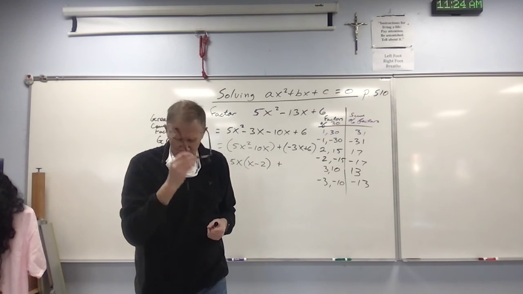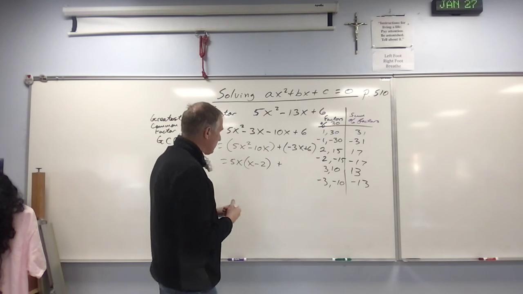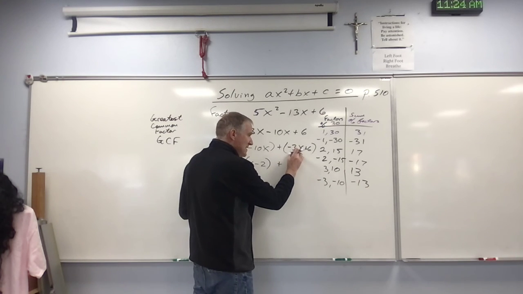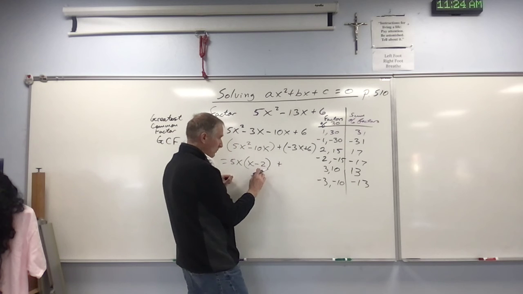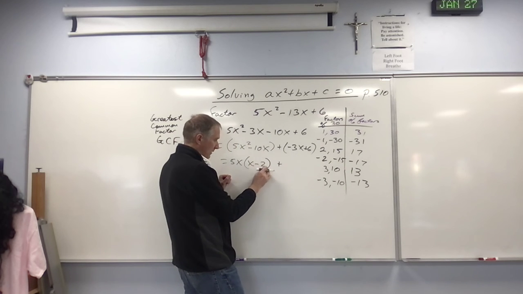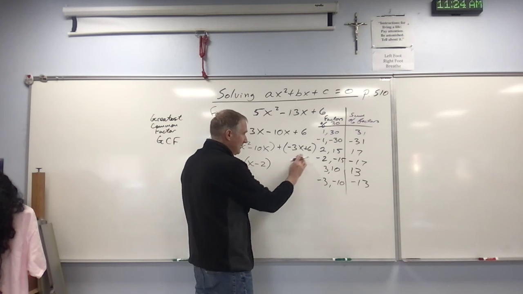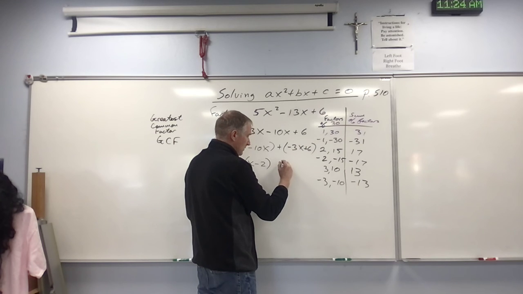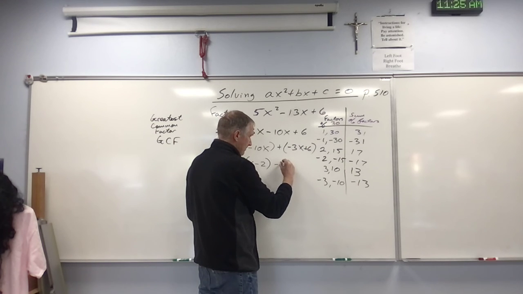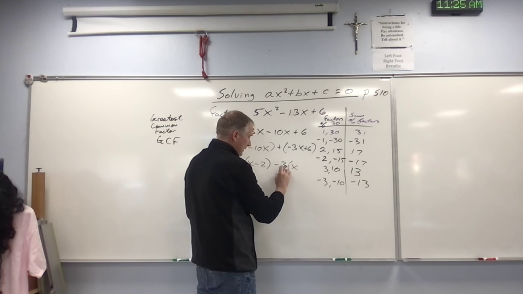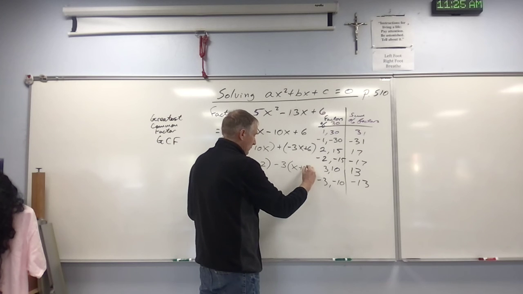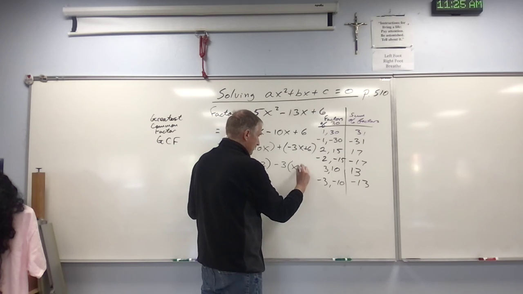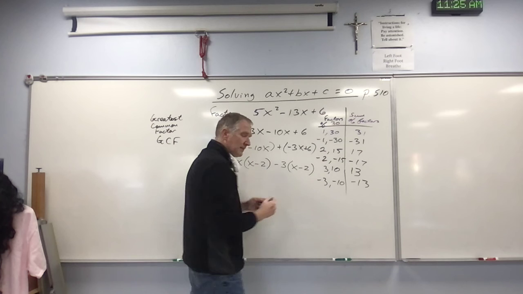Over here, again, this is a tricky section. I'm going to factor out negative 3. What I'm looking for is x minus 2. How do I do that? If I take negative 3 out of this, I'm left with x, because negative 3 times x is negative 3x. And I'm left with negative 2. How the heck did I get that?